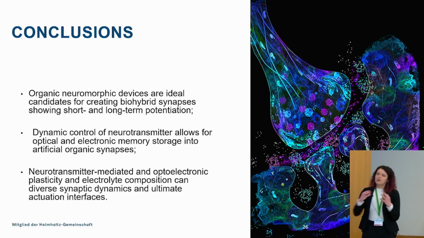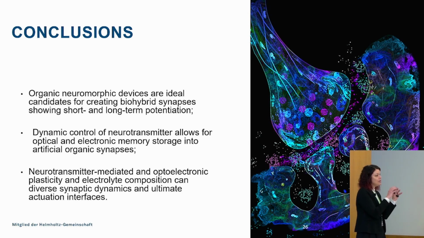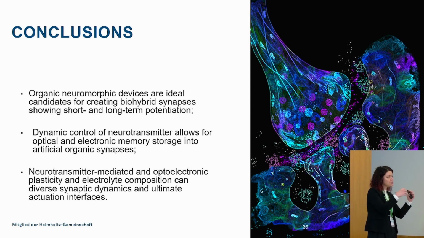We can exploit a means of communication that is already present in living synapses, like neurotransmitters, to make a biohybrid communication, as well as take advantage of the properties of conductive polymers to further engineer and modify them, for instance with light-sensitive molecules, to create different building blocks to resemble the different properties of the different neurons that we have in the nervous system.